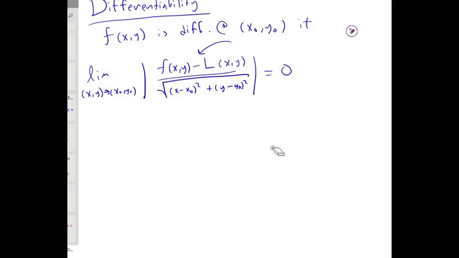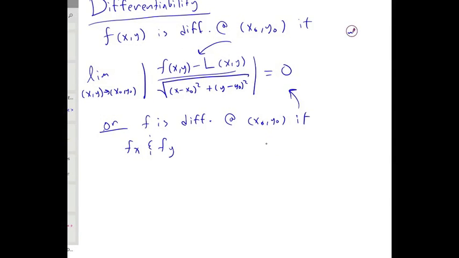Another condition, another thing that works for this: if this is true, the function is differentiable, but another easier way of doing this is, f is differentiable at x0, y0 if its partial derivatives fx and fy, sorry, I'm running low on battery, fx and fy are continuous at x0, y0.